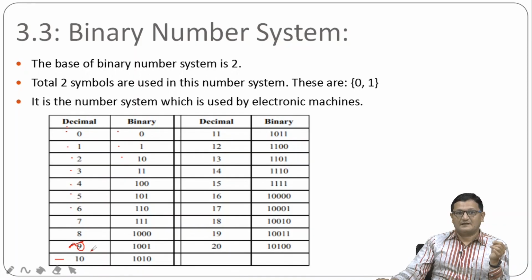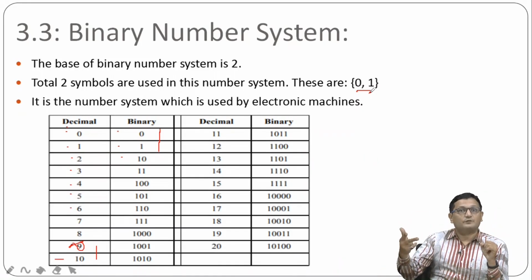Similar to this, after 9 we have 10. Similarly, here we have used 0 and 1. Once all the symbols are used for a single digit, we need to switch over to a 2 digit number. So this is the first 2 digit binary number. Okay. So 2 will be represented as 10, 3 will be represented as 11.